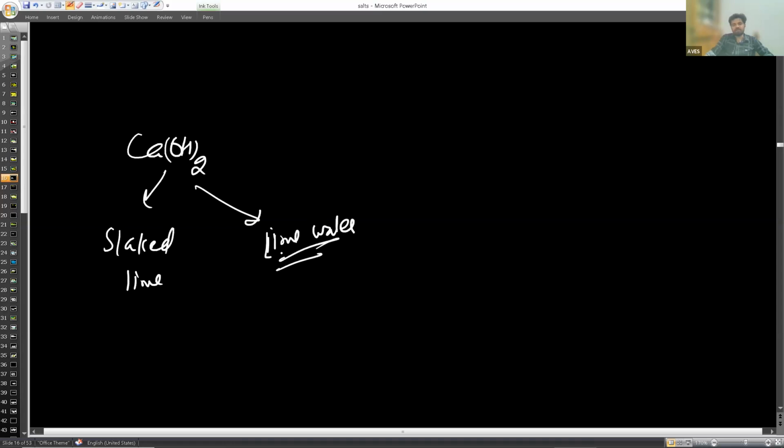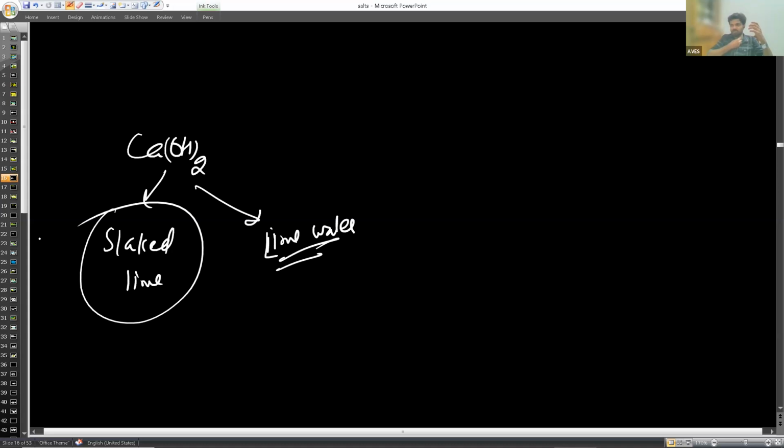Let me show you the difference between slaked lime and lime water. They both have the same formula. But slaked lime is something dry, dry calcium hydroxide.